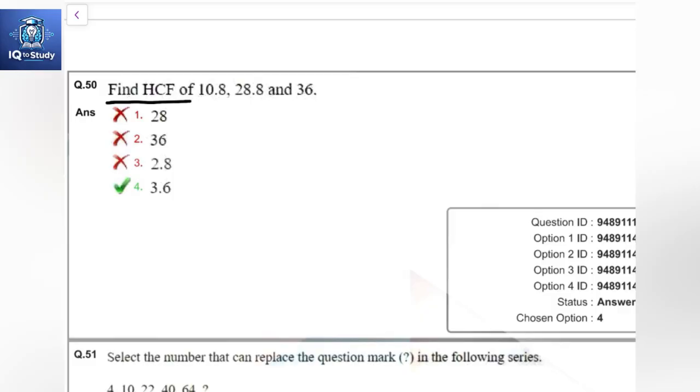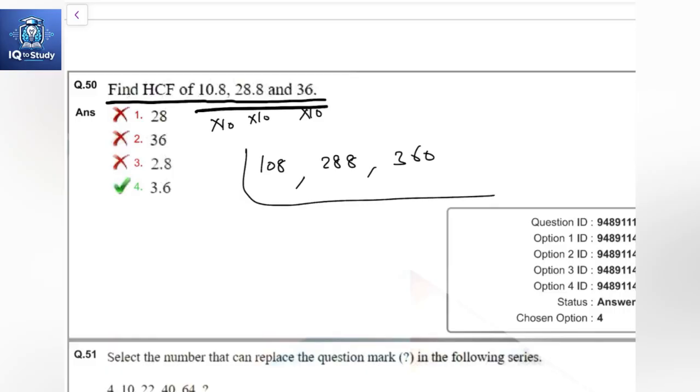Find the HCF of 10.8, 28.8 and 36. This can be written as 108, 288 and 360. Let's find the HCF.